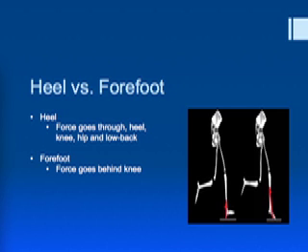But what we're also getting is minimal forces going up through the body into the back or into the knee or into the hip. So we're able to reduce our risk of injury and keep our running to its maximum, if you follow.